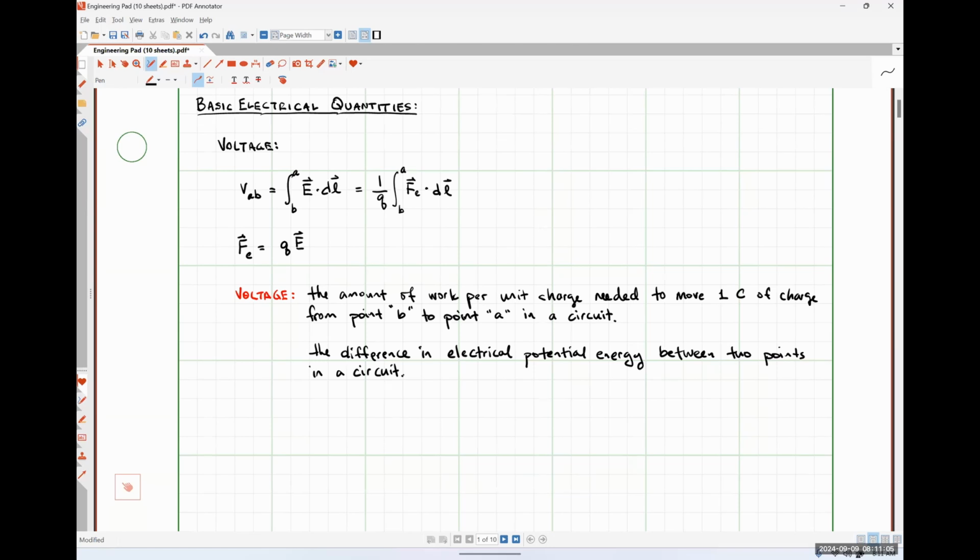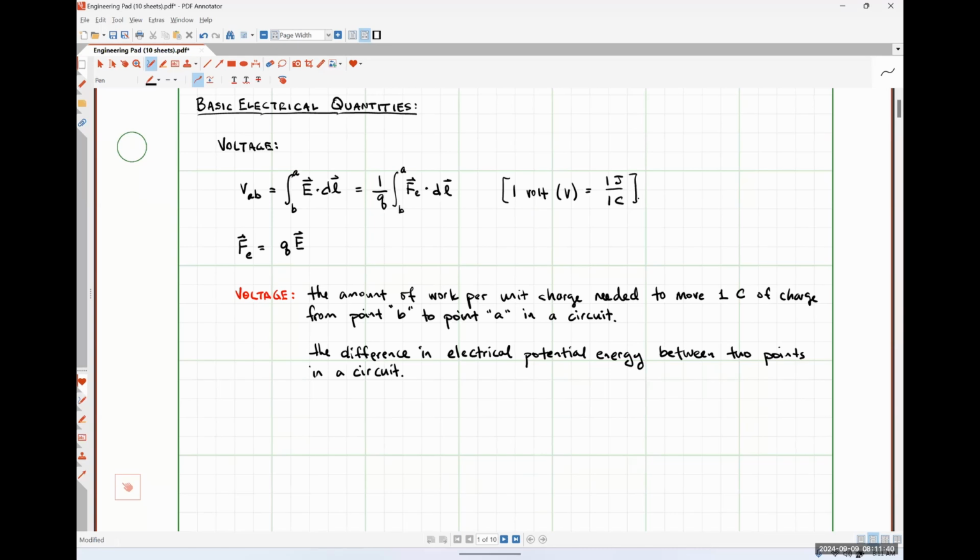Any questions about voltage fundamentally? Nobody has any questions about the units or anything, because I just noticed that I forgot to introduce them. So let's talk about that really quickly. The unit for voltage is the volt, with a symbol of V. Fundamentally, a volt is defined as 1 joule per coulomb.